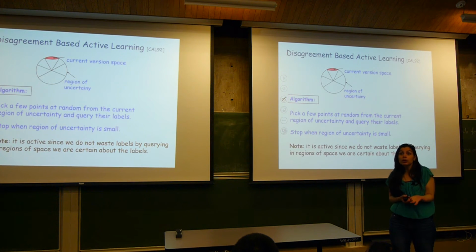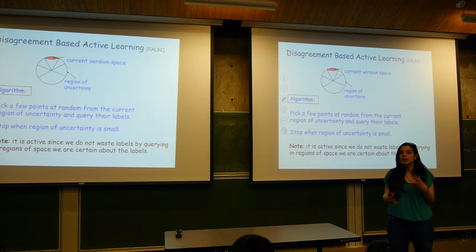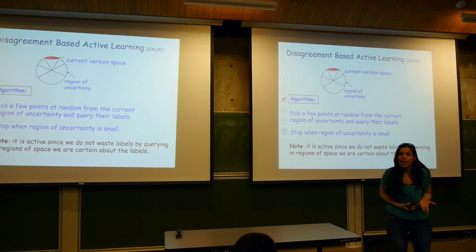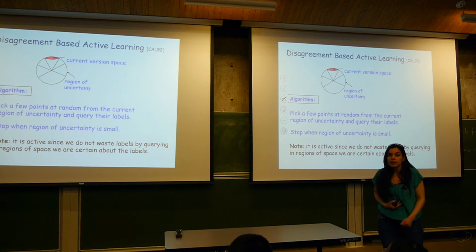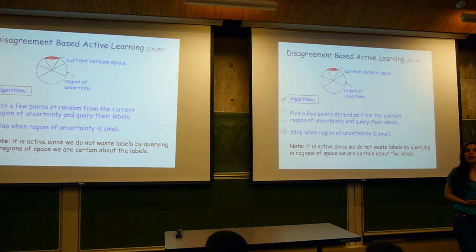In each round, we think about the region of disagreement of the set of surviving classifiers, and we only ask for labels of examples picked at random subject to being in that region. We ask for their labels, and then we update our set of surviving classifiers. This is clearly better than passive learning because we are active: as the learning goes on, we don't query from certain regions of the space.